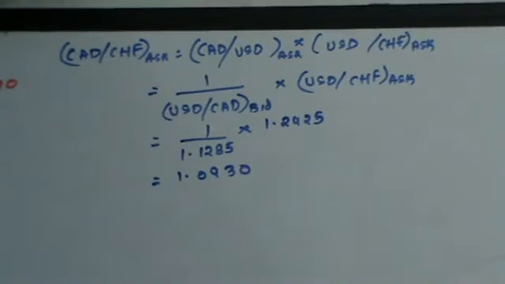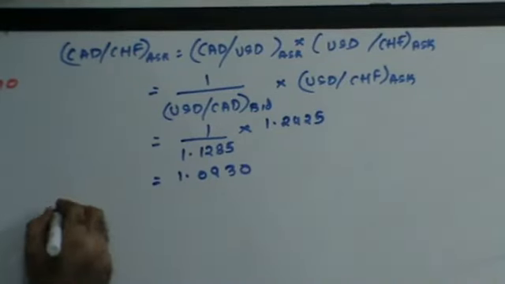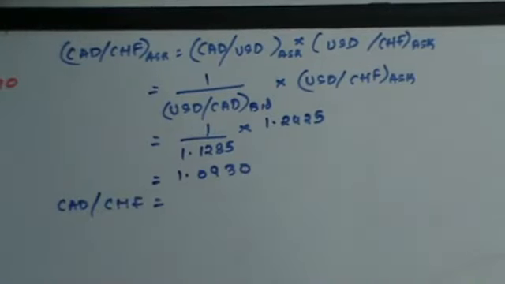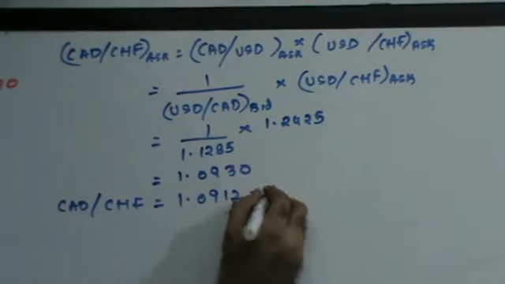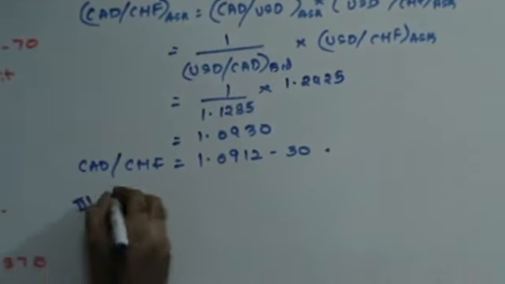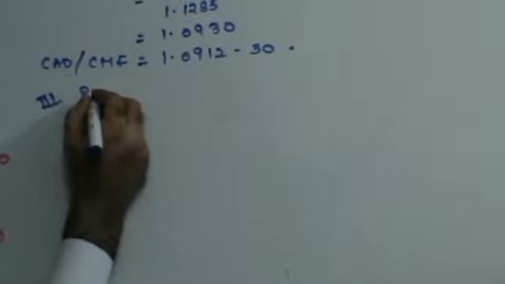So in that case, the Canadian dollar Swiss franc quote is going to be 1.091230. 1.09 is common in both the quotes, so you just write the last two digits. So this is called cross rate calculation, where they give you a vehicular currency. The third type you have is percentage spread.